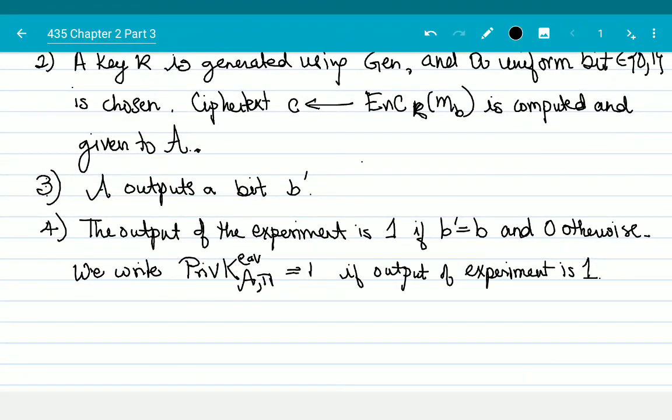Okay, so what is the definition that we are using? What is the alternate definition of perfect security?